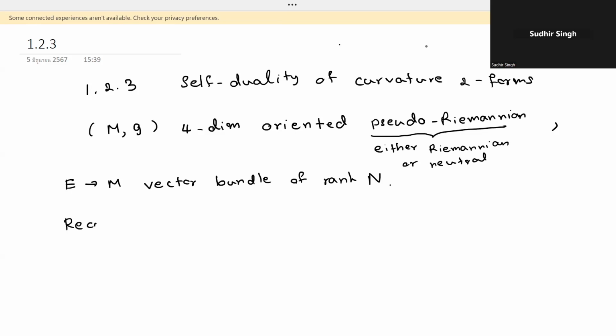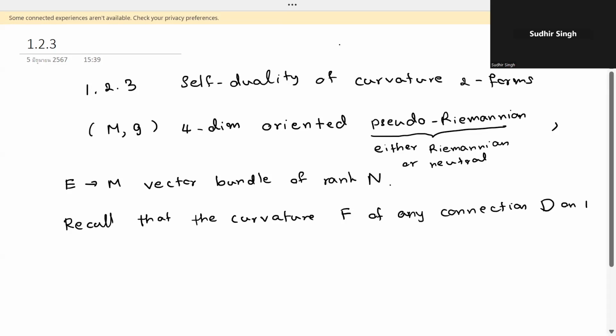Now recall that the curvature F of any connection D on E is defined as D squared.